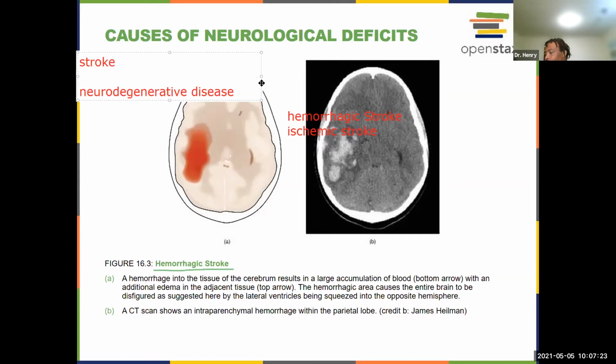So basically any type of disorder that's been associated with neurological degeneration.